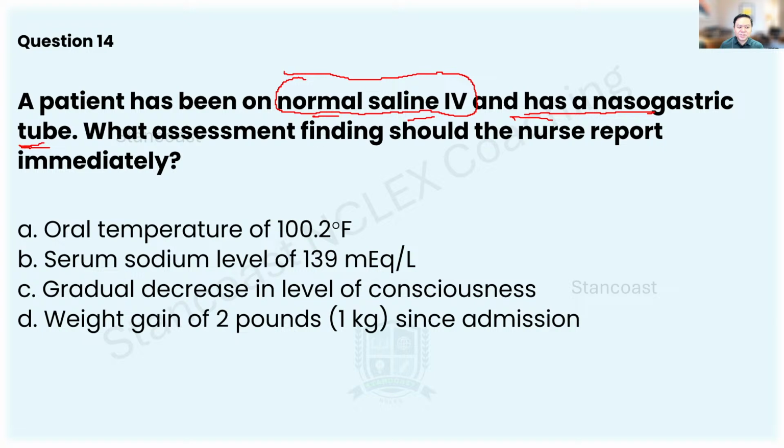If you had answered letter D, weight gain of 2 pounds since admission, we know that this is a significant abnormal finding, right? This is already a weight gain. That is significant. This is telling us that there's already fluid retention.